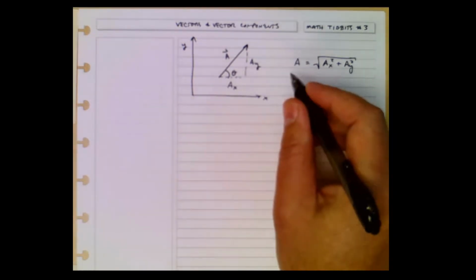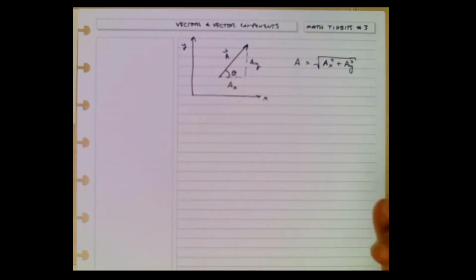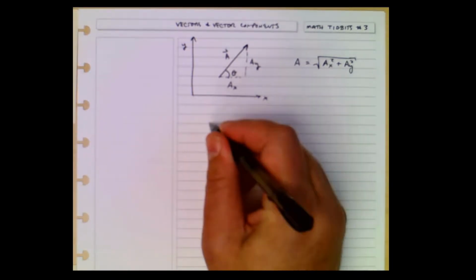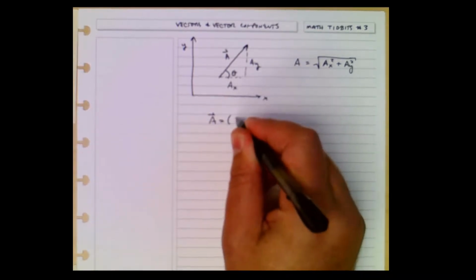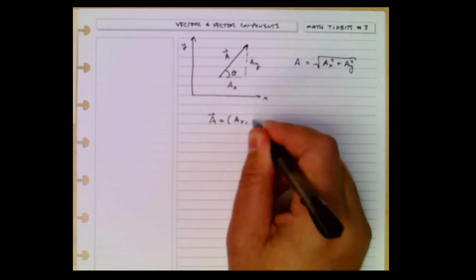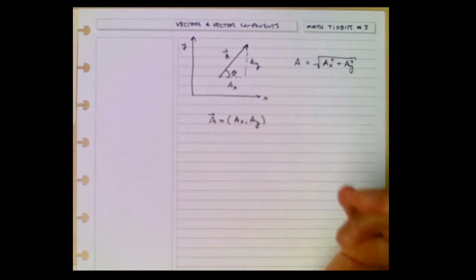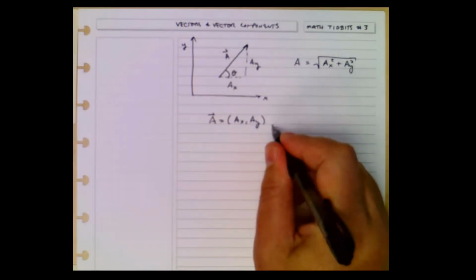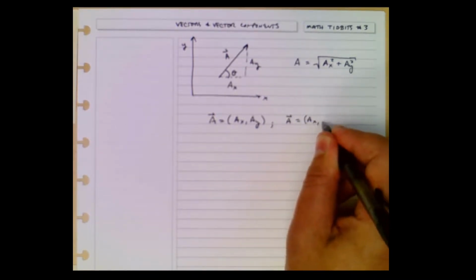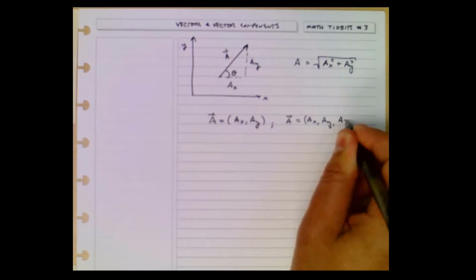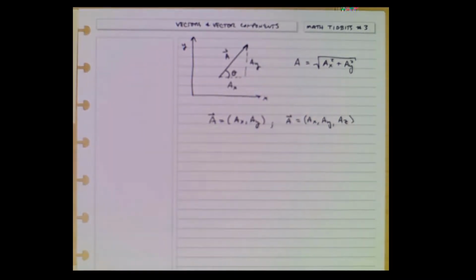All right, one of the ways to express the vector in terms of its components would just be an ordered pair, ax comma ay between parentheses, right? Or if there's a three-dimensional version, we would just have ax, ay, az. So that's a perfectly sound, perfectly solid way to express the vector in terms of its components.